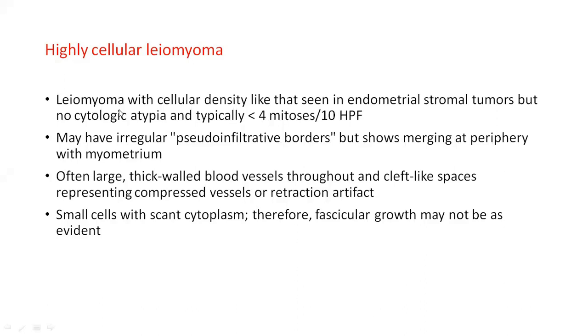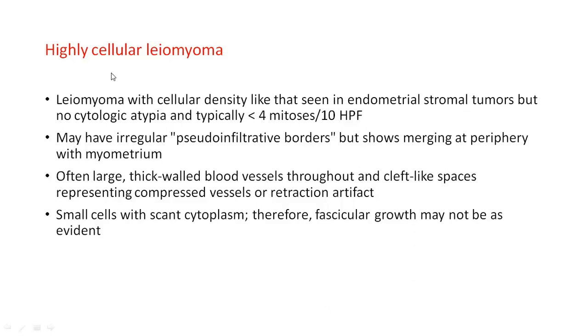Previously it was known as the cellular leiomyoma, but currently in the WHO it has been named highly cellular leiomyoma. Whenever we are dealing with a higher number of cells, we always have to make a differentiation from the endometrial, especially the low-grade endometrial stromal tumors.